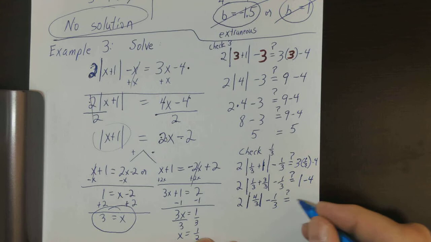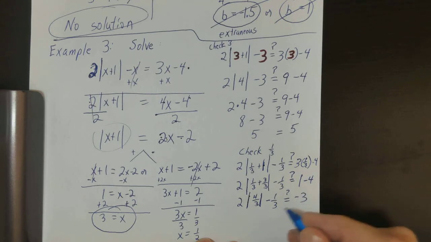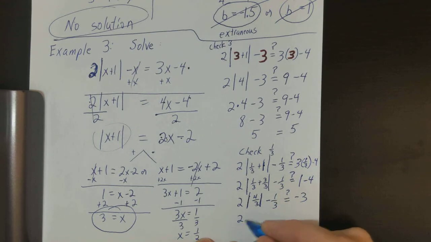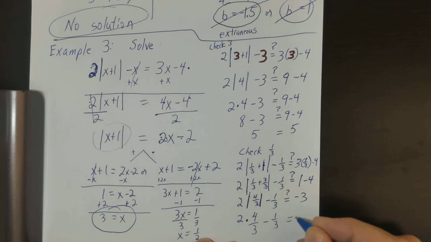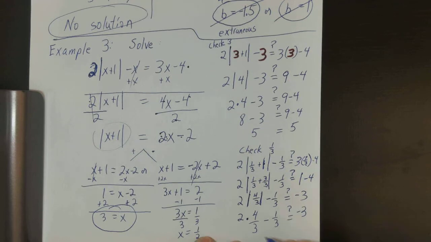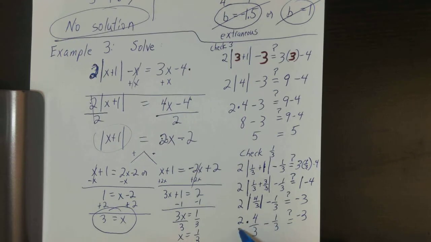I'm wondering if this is going to equal negative 3. Well, the absolute value of 4 over 3 is 4/3. It's positive. Minus 1/3. Is that going to equal negative 3? 2 times 4/3. That's 2 over 1 times 4 over 3.